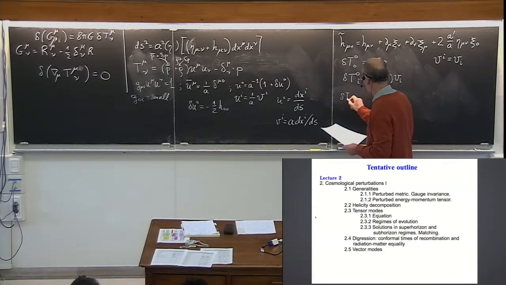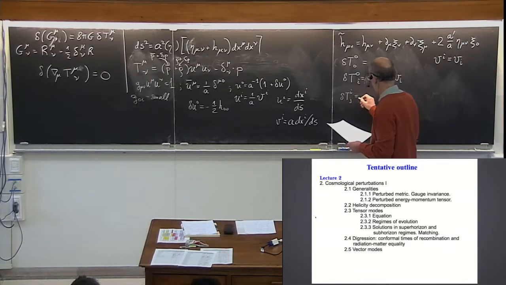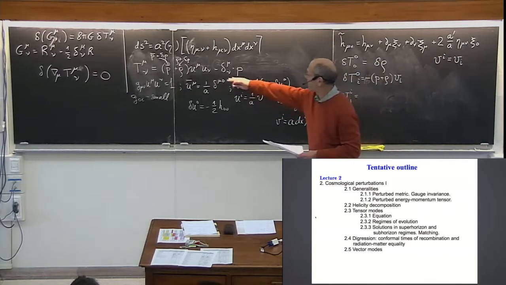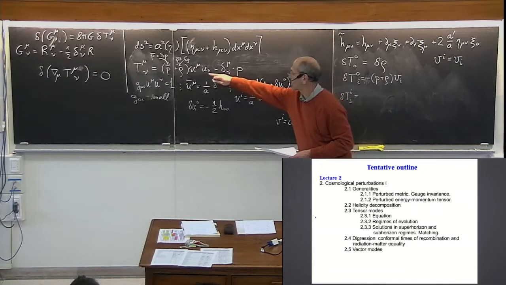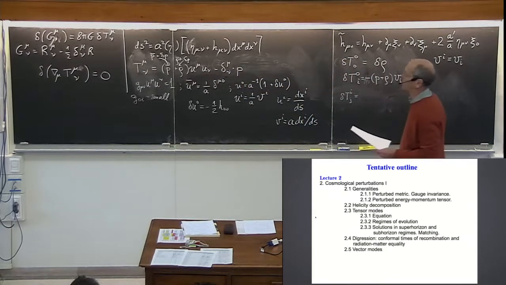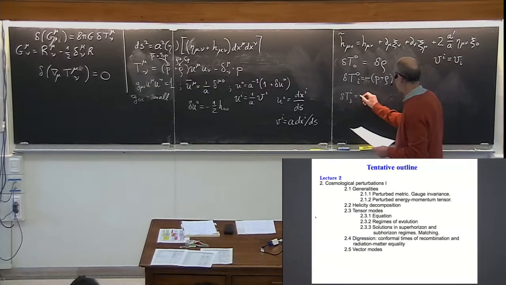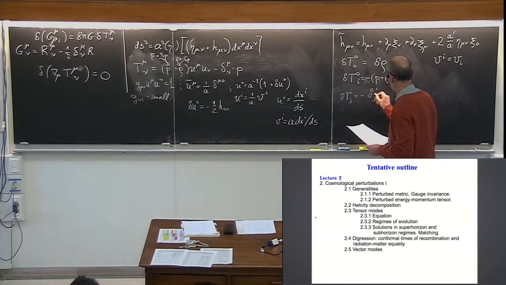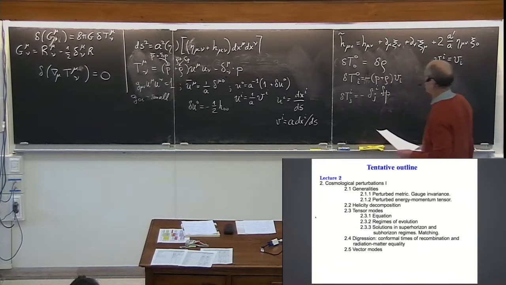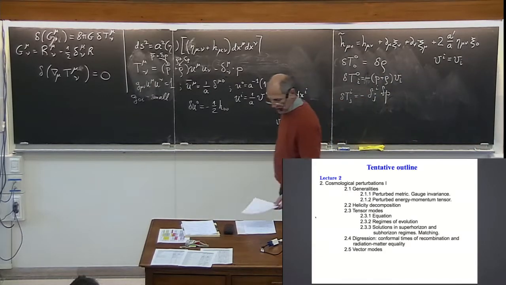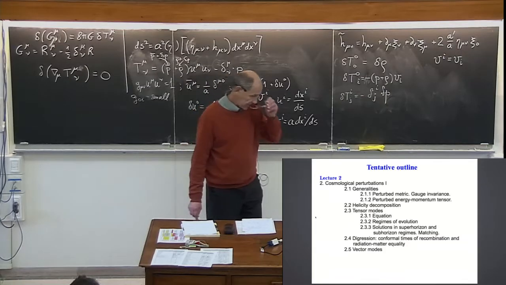Finally, delta Tij, the only term that counts here is this one, because the spatial components of velocities are small. So this is minus delta ij times delta p, the variation of the pressure. Okay? This is true for ideal fluid.